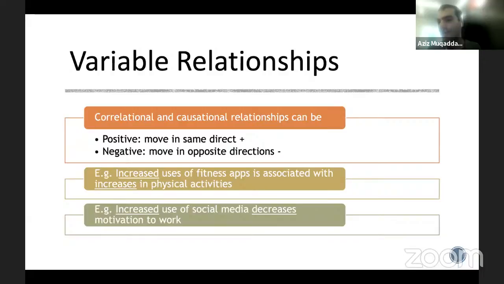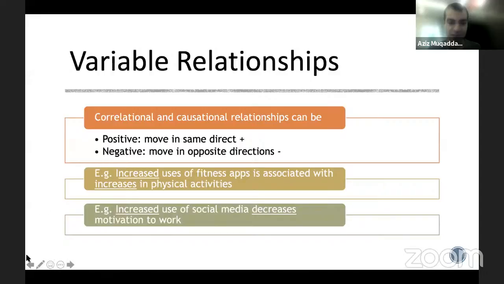In terms of communication and media, more use of social media equals less productivity in work or education, stuff like that. Or, in the example we studied weeks ago, more hours spent on social media before going to bed decreases the quality of sleep. So that was an example of a negative relationship, right?